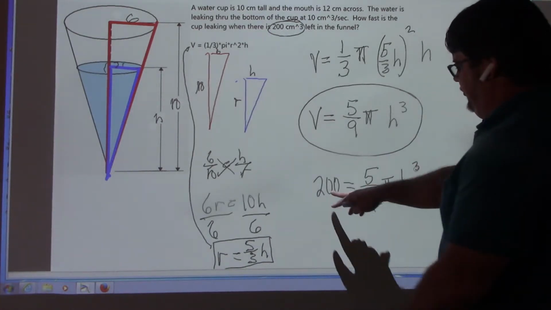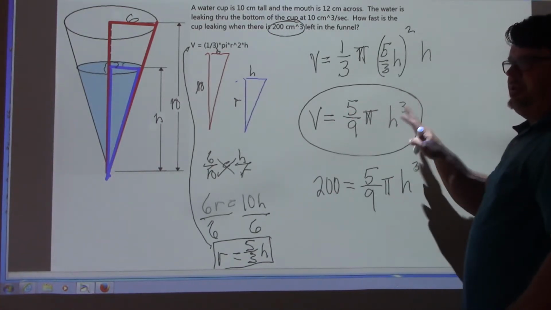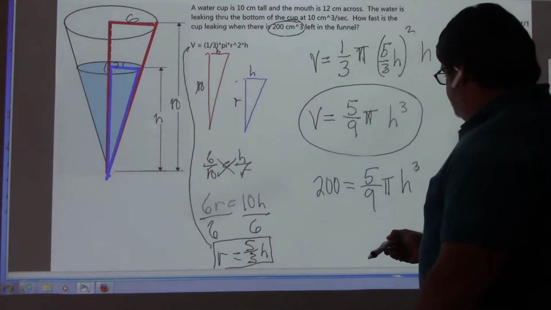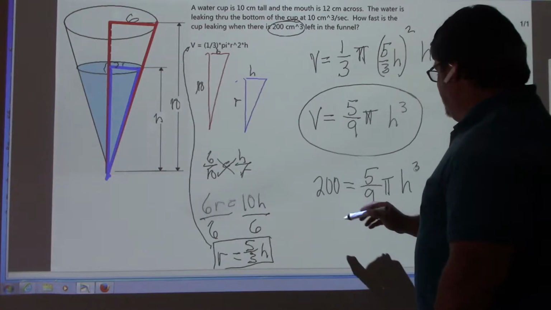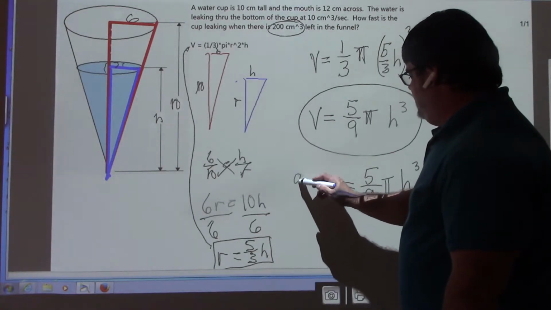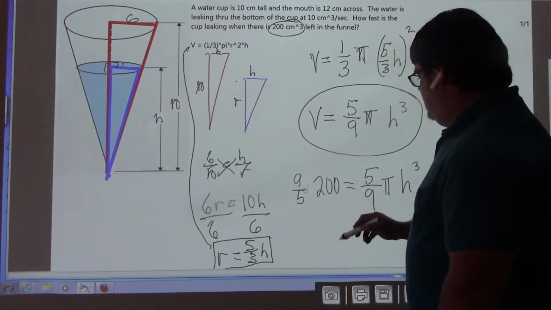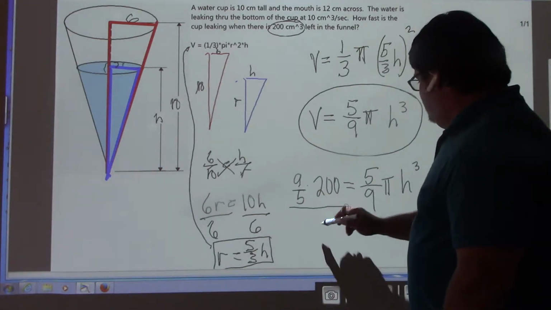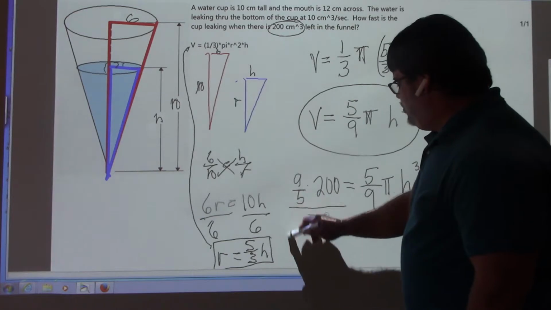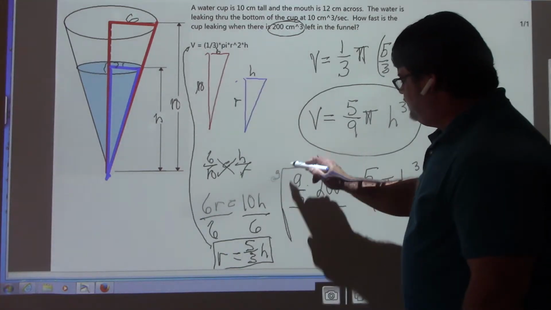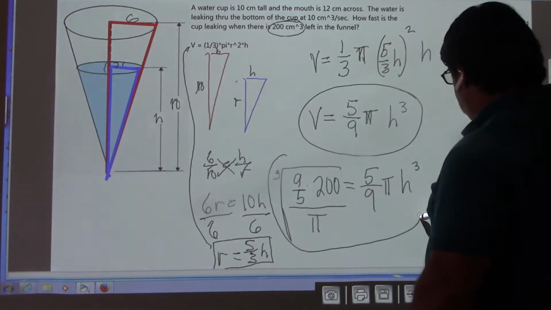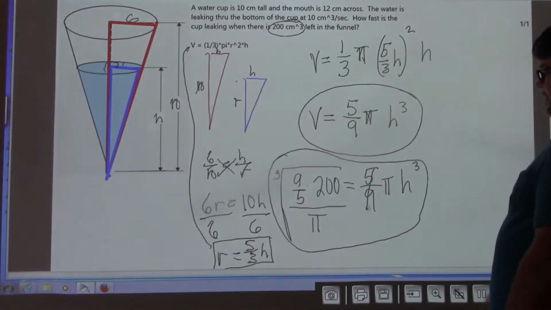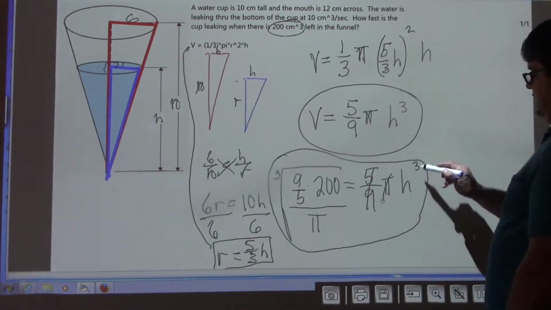We're plugging this into our volume formula so we can find H. So multiply by 9/5, divide by pi, and take the cube root.